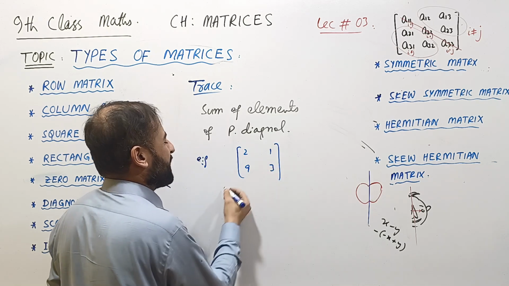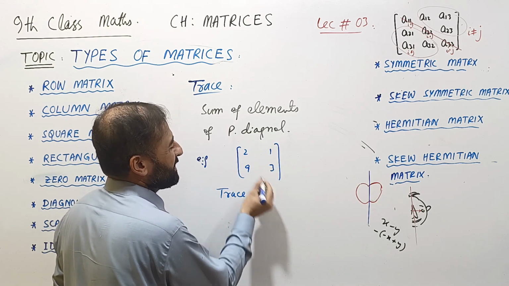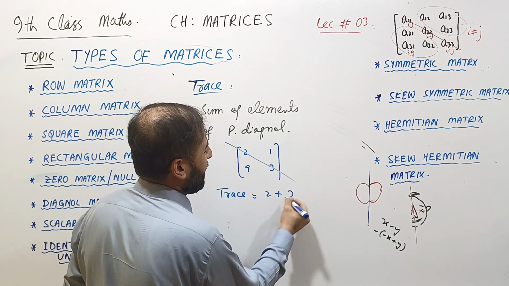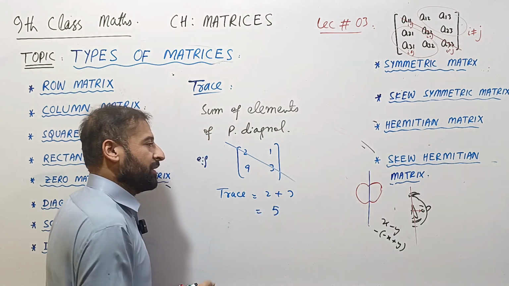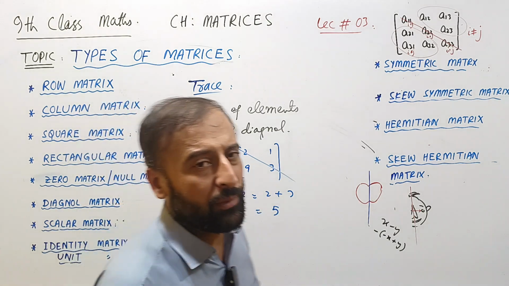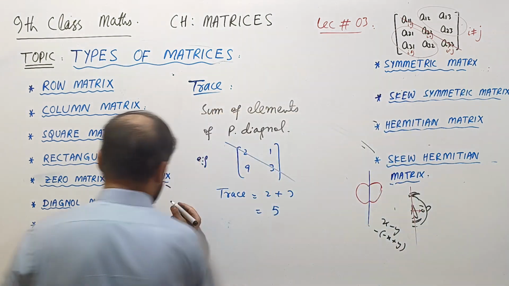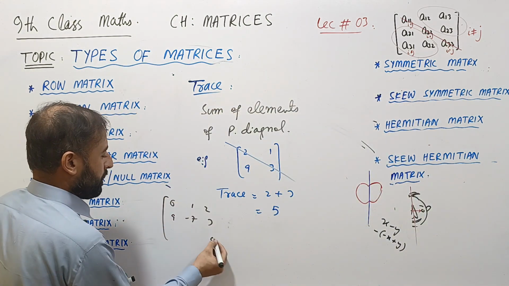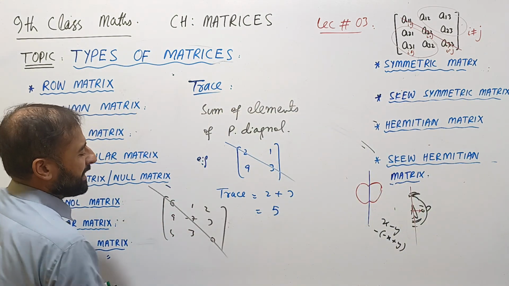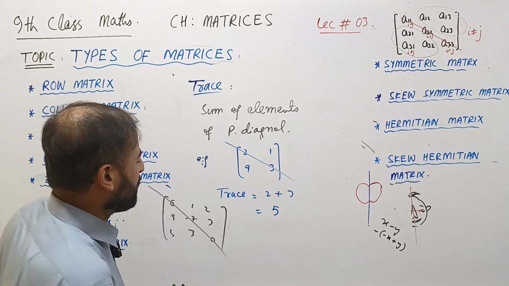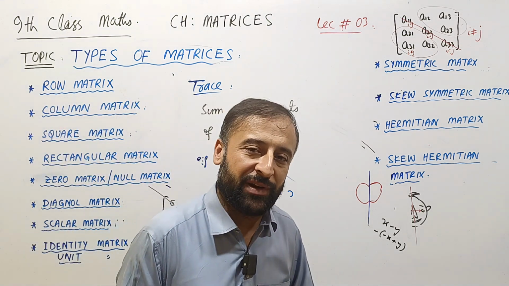If he asks the trace of this matrix, you just add the elements of the principal diagonal. It is called trace. The topic might not be there in your book, but I told you briefly. If you have a 3 by 3 matrix, what is its trace? Just add them: 6 and minus 7 plus 0. Minus 1 is its trace.